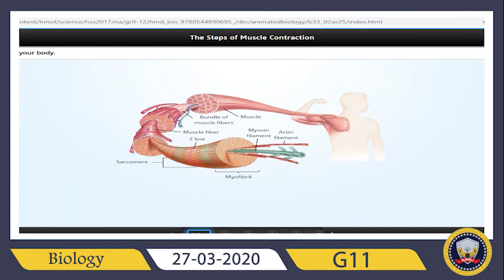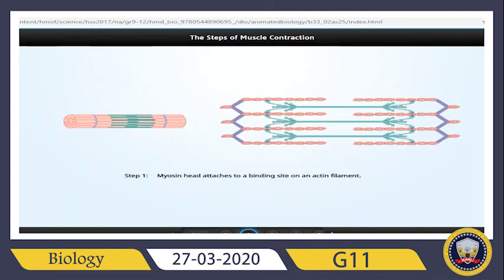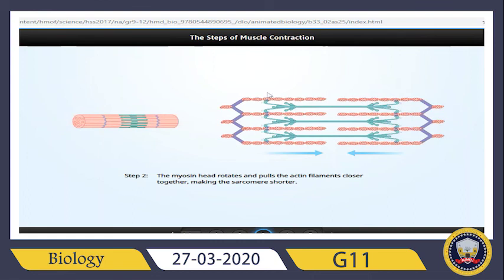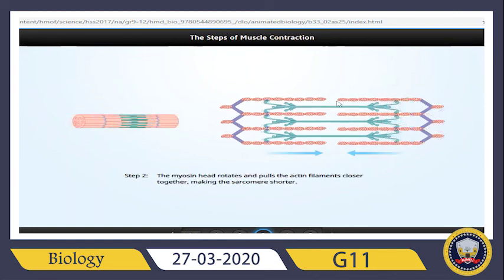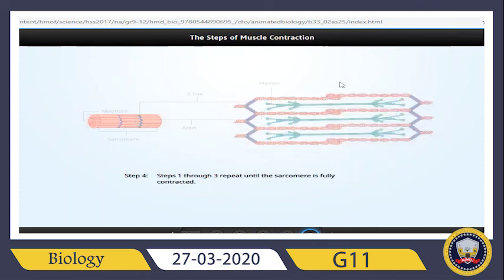Good. Let's continue. When we contract, the sarcomere will get shorter. How does this happen? The myosin head rotates and pulls the actin filaments closer together. Why? Because there's a binding site here. The binding site will pull the actin inward toward the M line. It will repeat this process using ATP until a full contraction is reached.